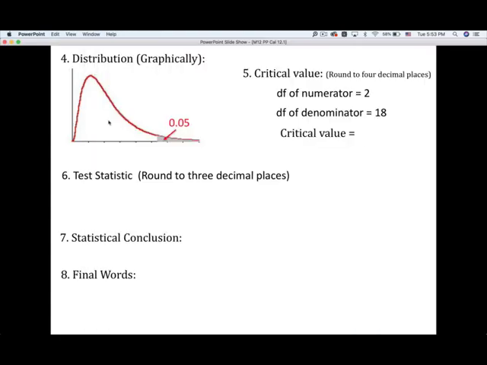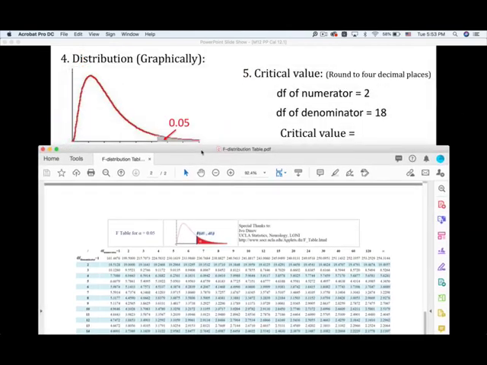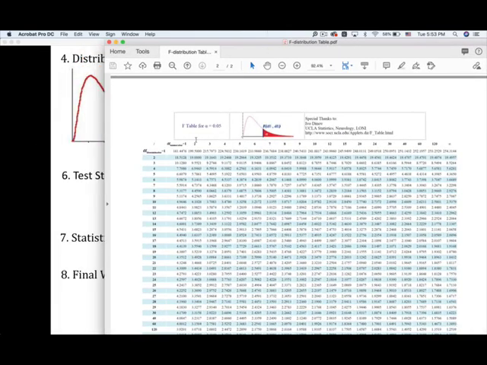Our significance level is 0.05, so make sure you look at the correct one. Look at the 0.05 in the right tail. The degree of freedom of numerator is equal to 2, so we look at this 2 column. Degree of freedom of denominator is equal to 18. So 18 and 2, this is going to be your critical value.